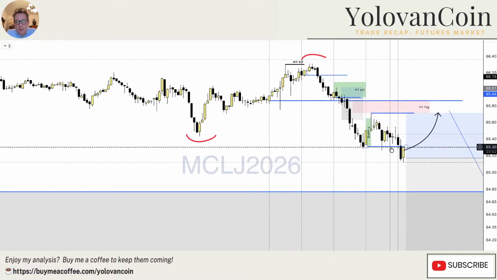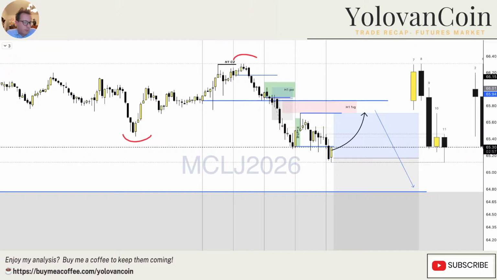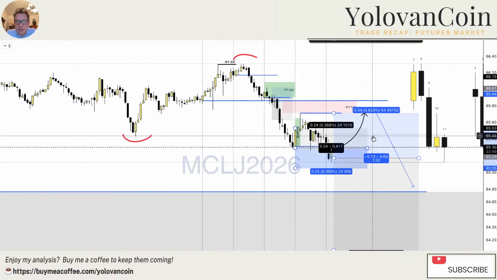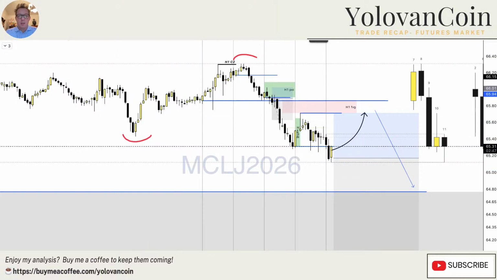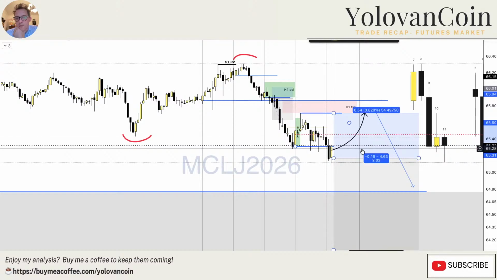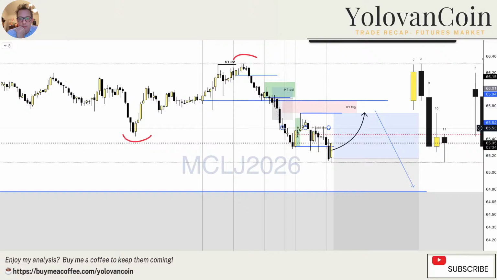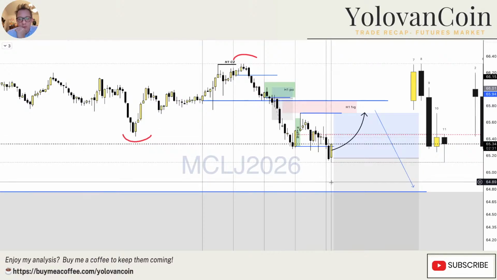I want to see a retrace of this level and going lower. And ideally I don't want to see higher than 50% of this level. So ideally the 65.45 should be intact, to stay.